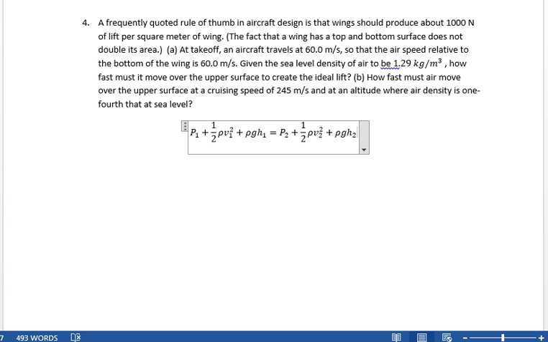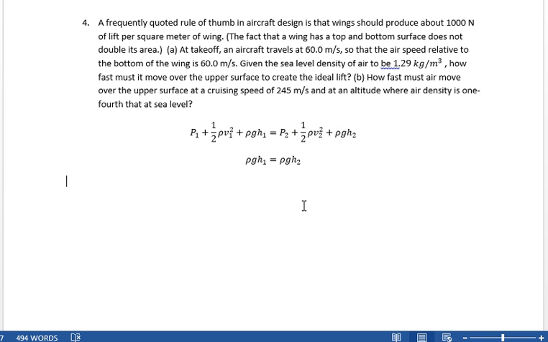We're going to simply, for the moment, let rho g h1 equal rho g h2 and not worry about that term. It goes away. And so we're left with P1 plus 1/2 rho V1 squared equals P2 plus 1/2 rho V2 squared, right?